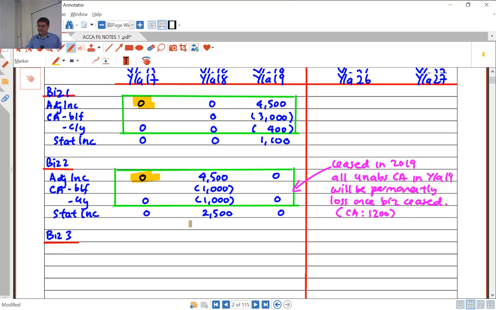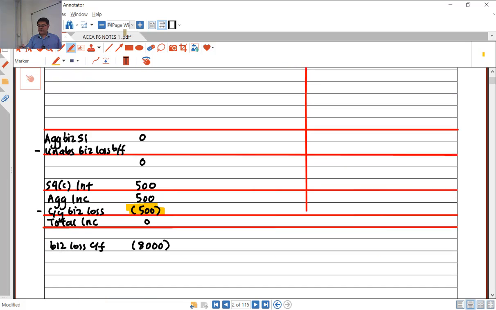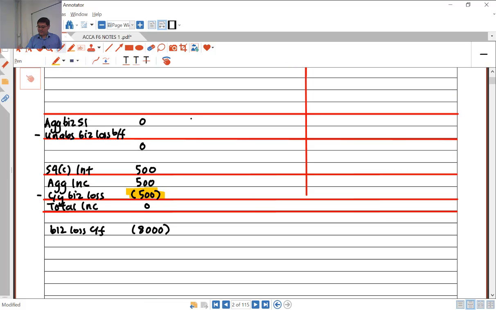Now coming to 2018, my business 1 is 0, business 2 is 2,005. So my aggregate business SI will be 2,005. Correct? Now then I will utilize 2,005, and that brings me to 0. So my interest 500 as well. So current year aggregate is 500. Now do I make loss in the current year? Yes.